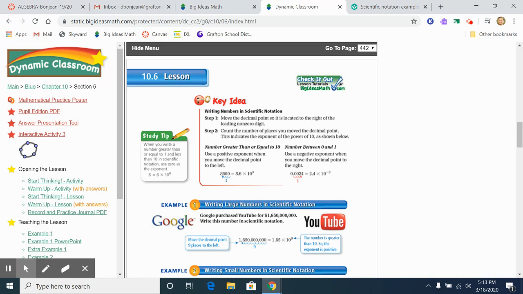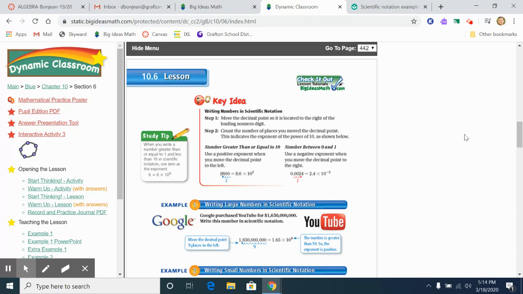Your learning target today is: I can take numbers written in standard form and rewrite them in scientific notation. Or you can write it as: I can rewrite numbers in standard form in scientific notation. Write that down.